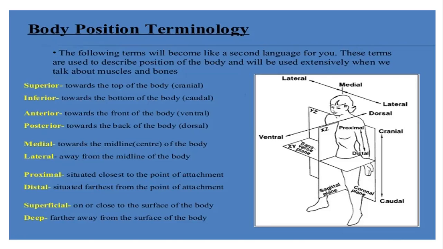In relation to the shoulder, the elbow is more proximal and the fingertips are more distal. The elbow is closer to the attachment point, so it's proximal. The fingertips are further away from the attachment, so that is distal.